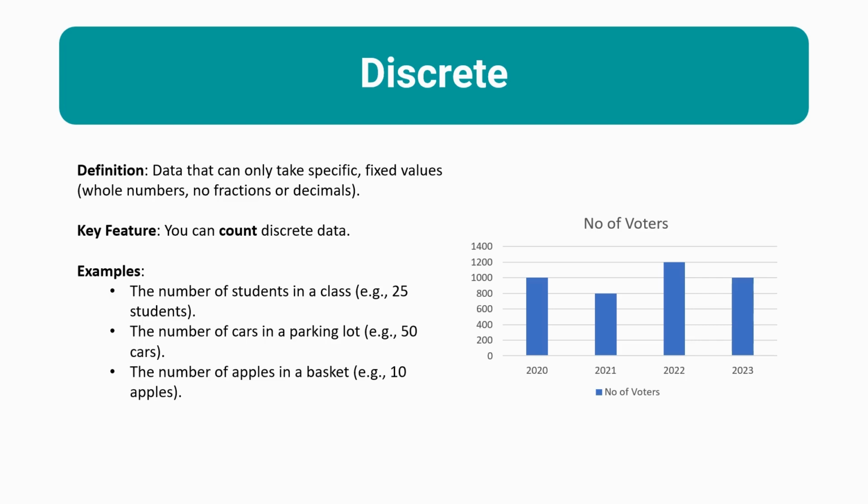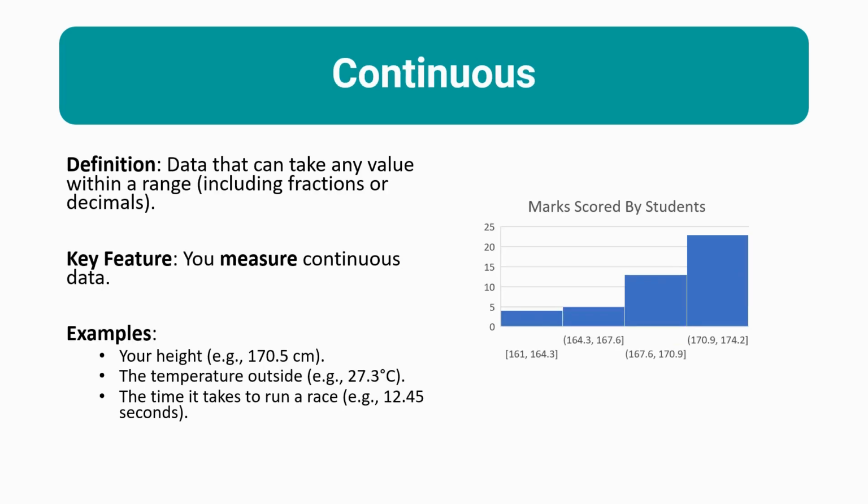Now coming to the continuous data. Continuous data is something that you can measure. It's not something you can count. Discrete data is something that you can count, whereas continuous data is something that you can measure. And continuous data is always in points, which is not fixed.